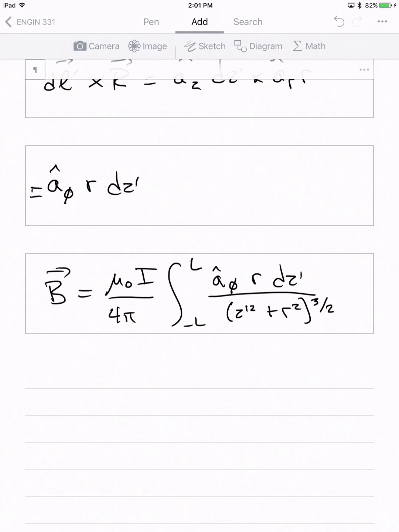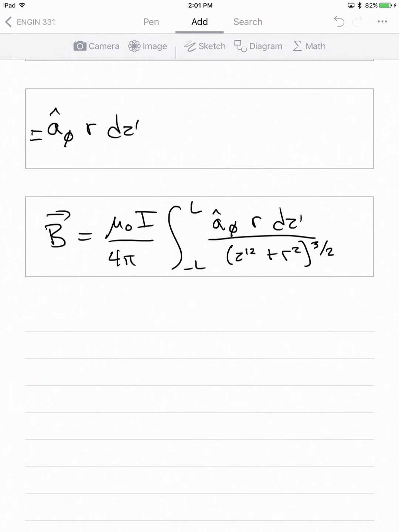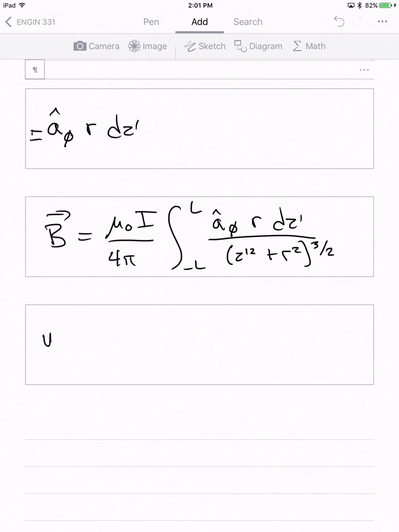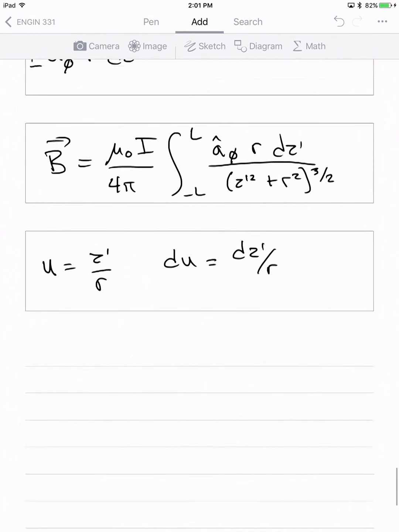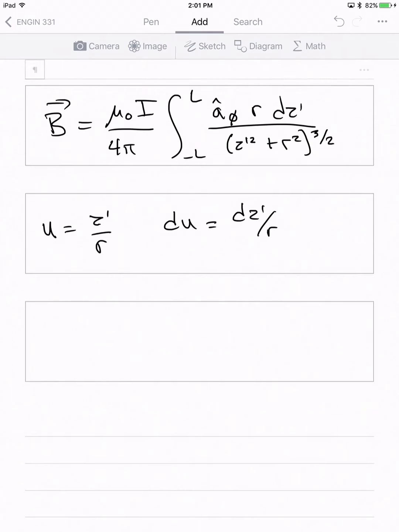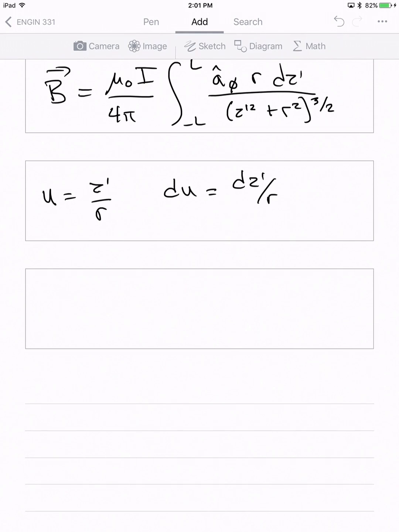Well, the square root of that stuff is the magnitude of big R, which is why we have the 3 halves there. So this one also we do using a substitution. First of all, we're going to do u is equal to z prime over r, and that would be du is equal to dz prime over r.